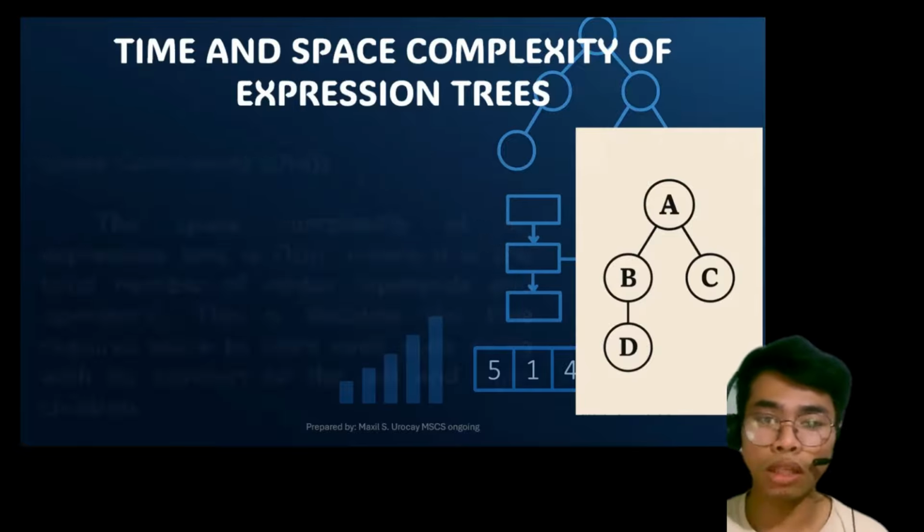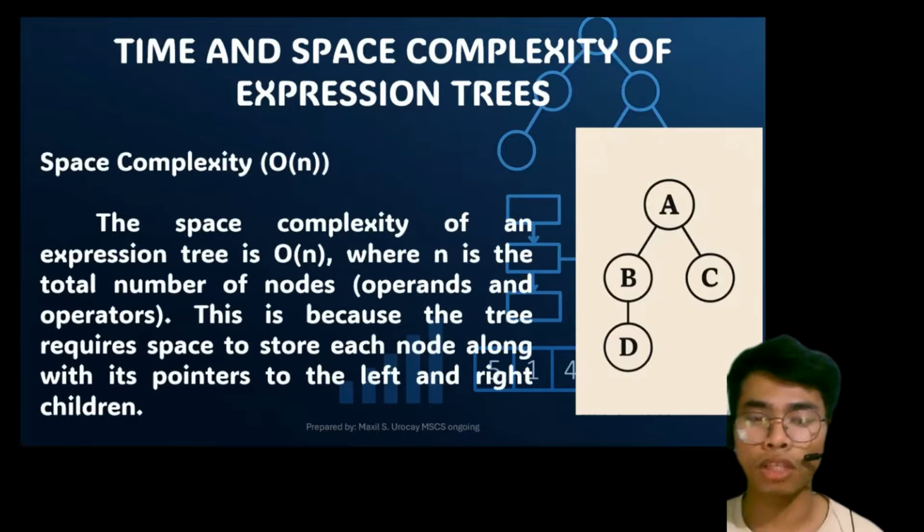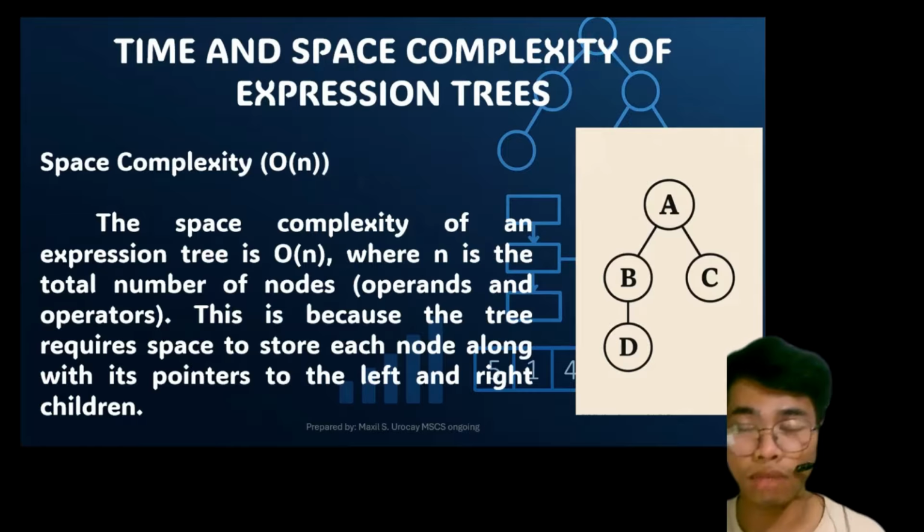Now the space complexity will also be linear, where n is the total number of nodes, operands, and operators. This is because the tree requires space to store each node. As I have stated, all of the operands and operators have separate memory allocations.